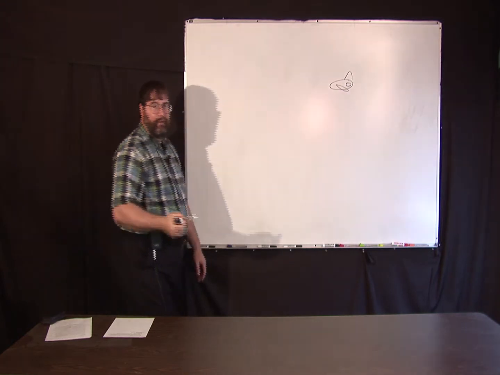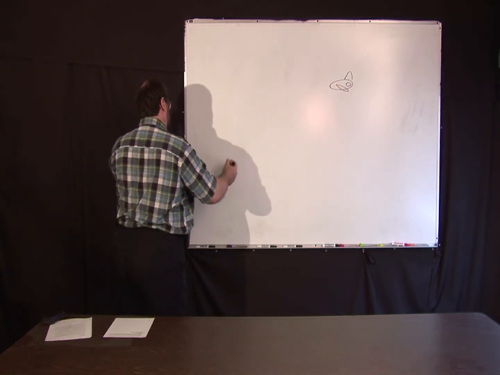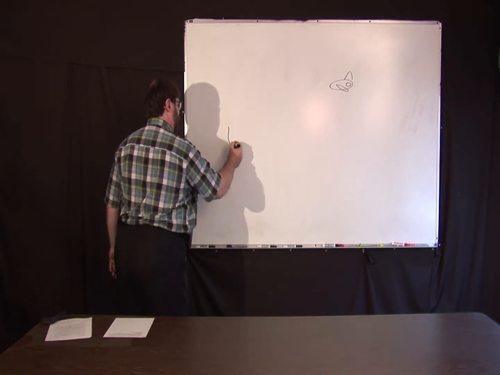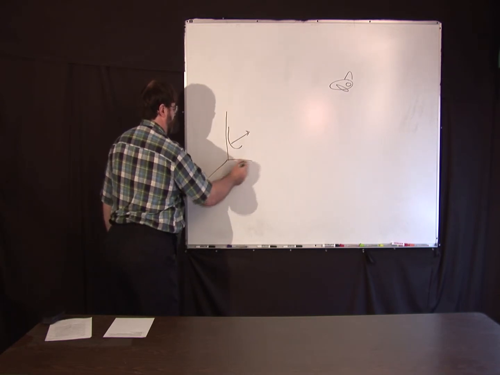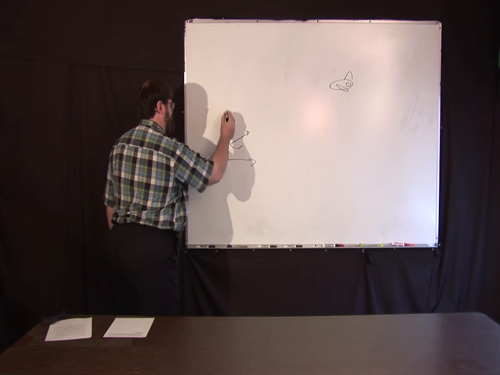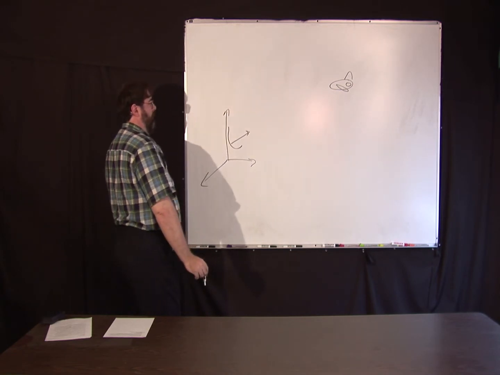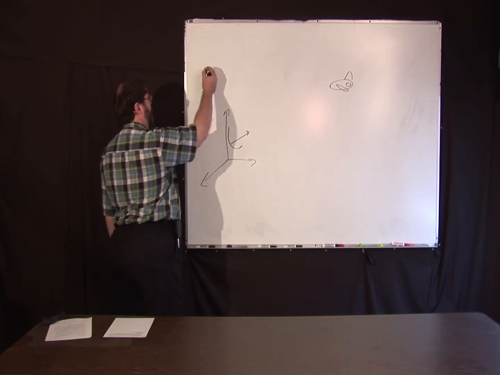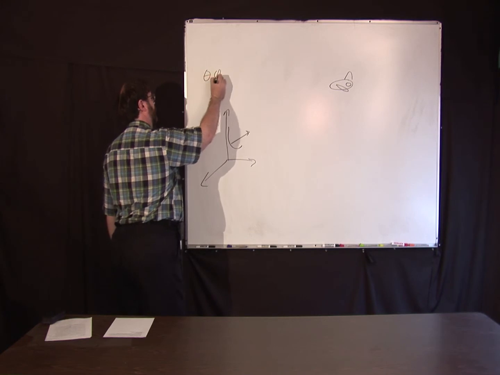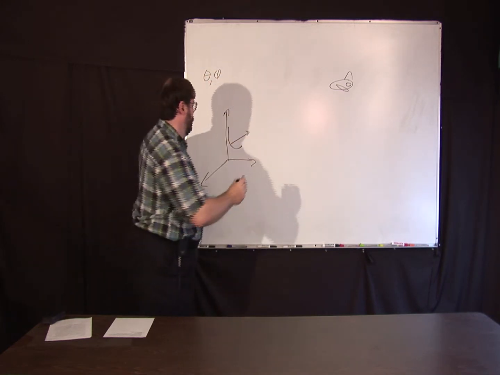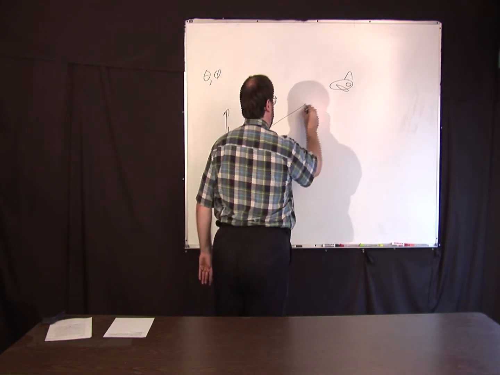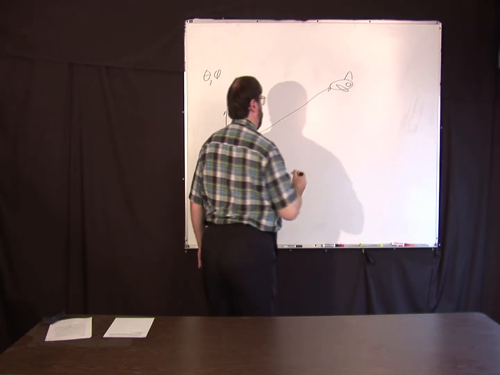So we might have something like a radar, a big antenna pointed at the sky, and it will have its own coordinate system. And it's pointing in some direction, theta phi, and beams some sort of electromagnetic wave pulse towards the airplane.